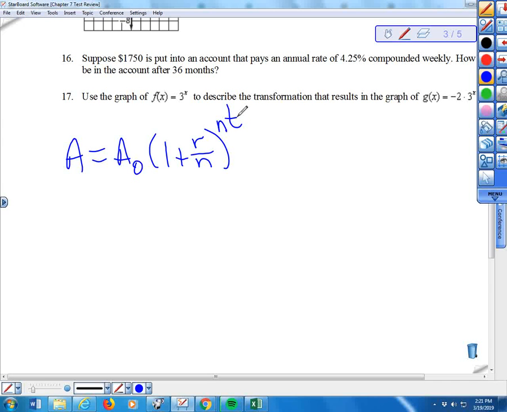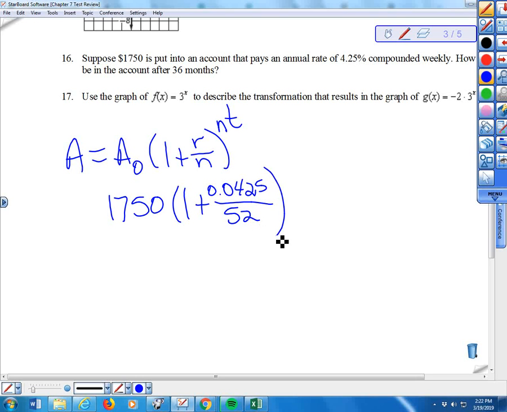So 1,750 is A sub 0. 1 plus the rate is 0.0425 over weekly, so that's 52, raised to 52 times 3, because 36 months is 3 years and it's always in terms of years.